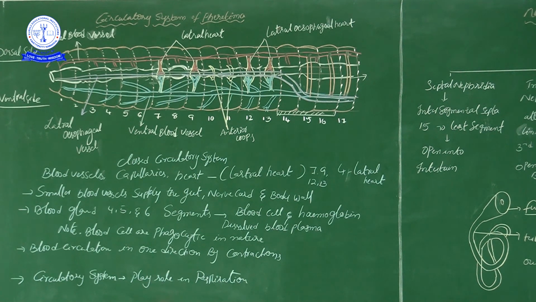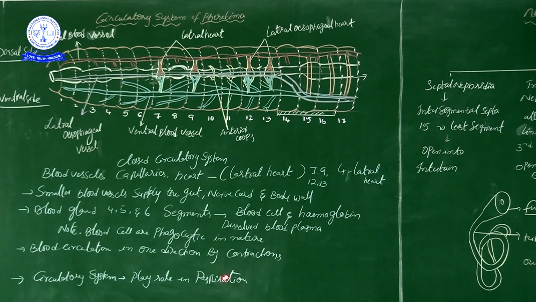That's why it shows a single direction of blood flow, and this blood is synthesized by the blood glands. The blood glands are located in the 4th, 5th, and 6th segments. From those segments the blood is produced, containing blood cells and hemoglobin dissolved in the blood plasma.